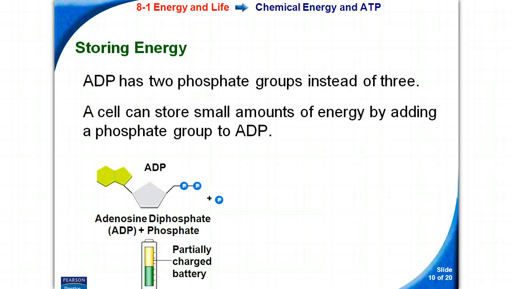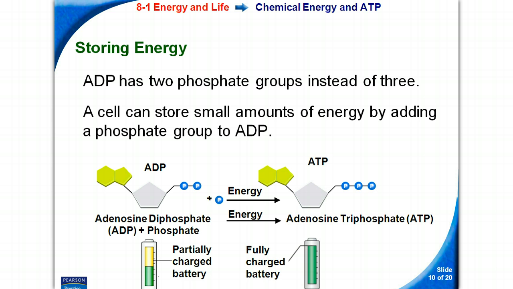Storing energy. ADP has 2 phosphate groups instead of 3. A cell can store small amounts of energy by adding a phosphate group to ADP. ADP plus phosphate is like a partially charged battery. You have the energy, and then once it converts to the ATP, see there's diphosphate and triphosphate, okay?